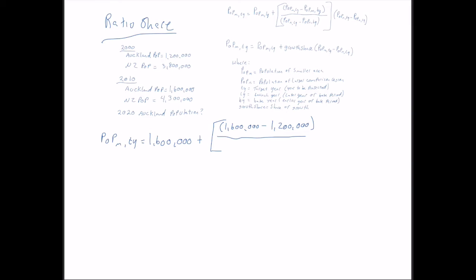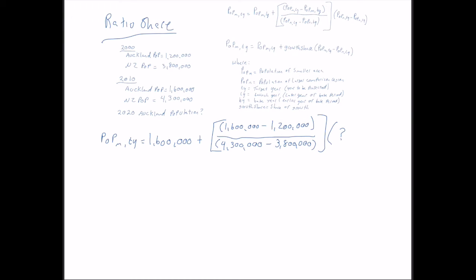And we're going to divide that by the population change in all of New Zealand during the same period. So we start with 4.3 million, which is New Zealand's population in 2010, and we subtract New Zealand's population in the year 2000. So 4.3 million minus 3.8 million. So that's our growth share formula, and we'll work that out in a second.